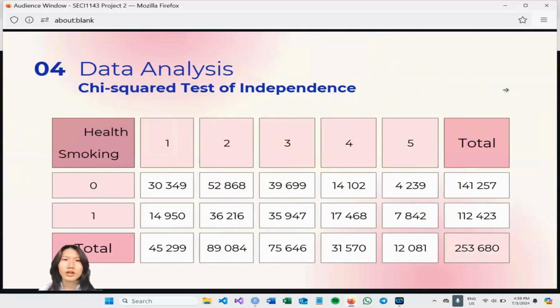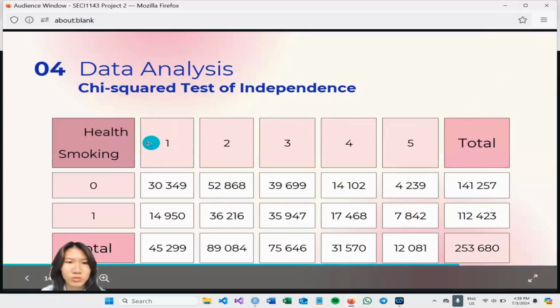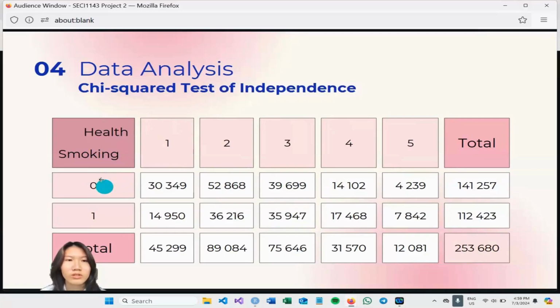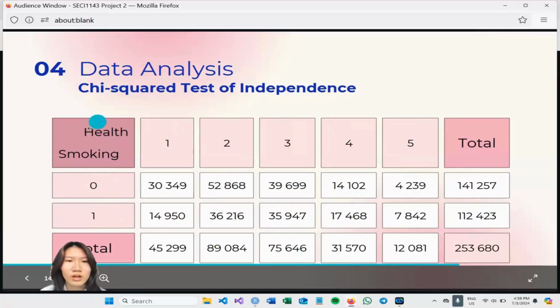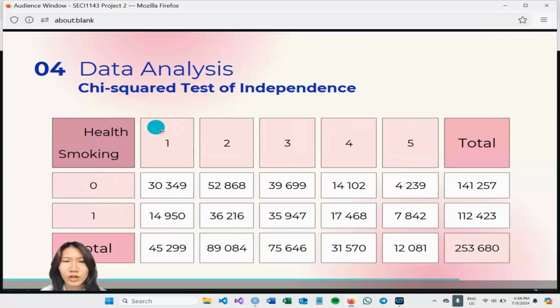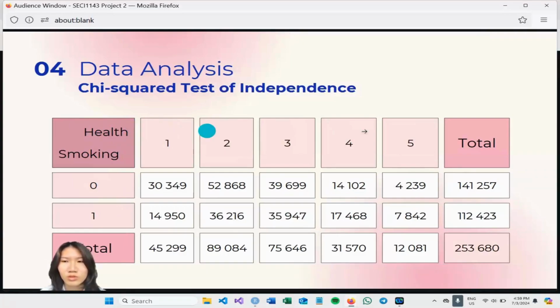Next, the last data analysis is the chi-square test of independence. So this is the tabulated data. So we have smoking, 0 indicates non-smoker, 1 is smoker, while the health condition is a rating from 1 to 5. 1 is the most unhealthy, 5 is the most healthy.